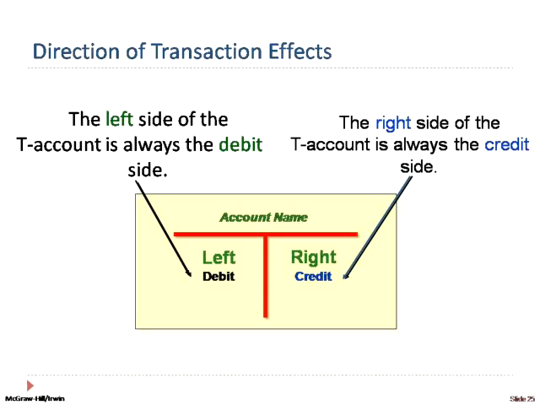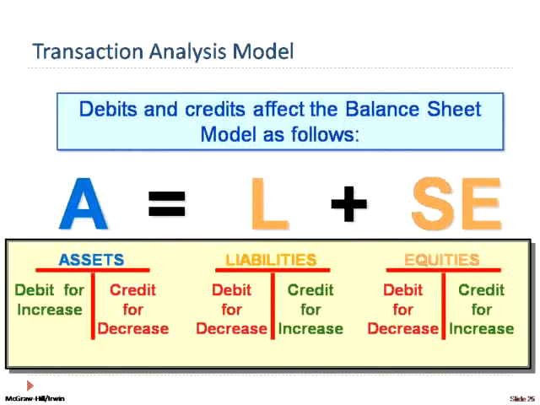The words debit and credit have no specific meaning other than that they represent a left and right side of the ledger account. As a further convention, we are going to agree that a debit to an asset account increases that account, and a credit to the asset account decreases that account. Remember, this is just an agreed-upon procedure.